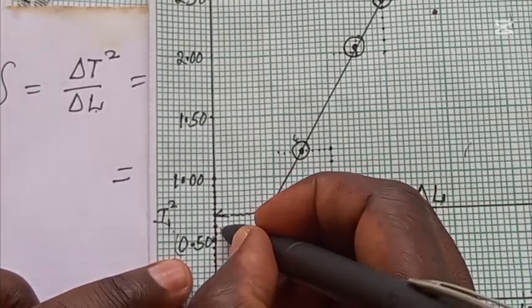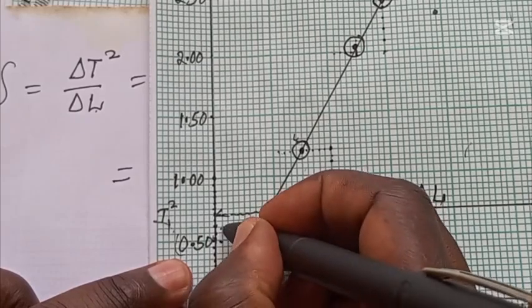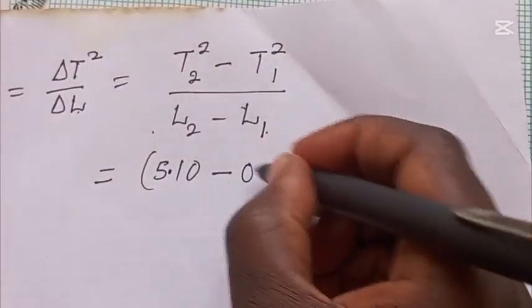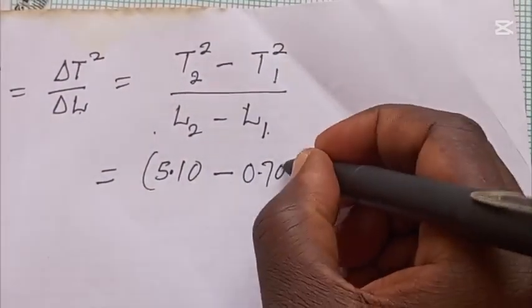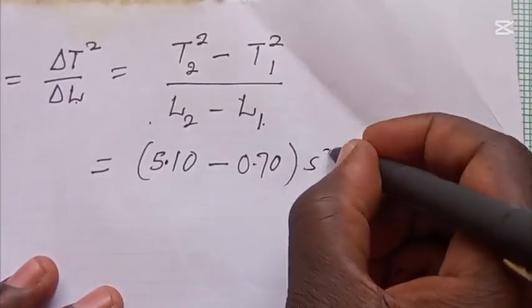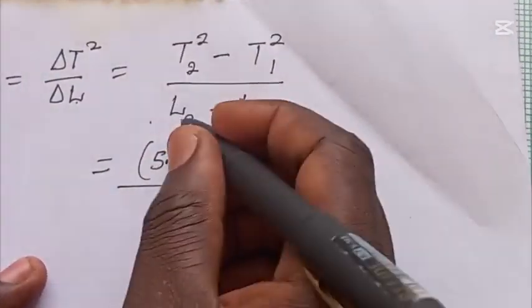So you see 0.5 here, 0.6, 0.70. So this is 0.70, close bracket. Then you write the unit on the vertical axis. The unit is second square, so we have second square divided by L2 minus L1.